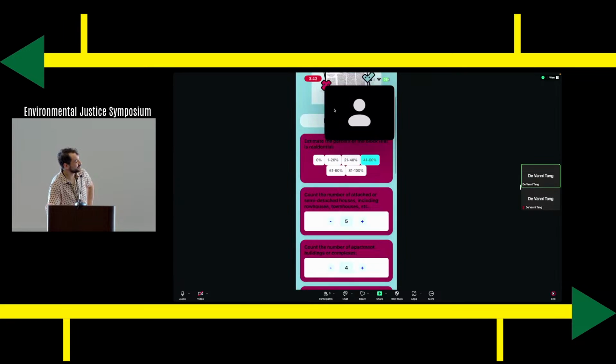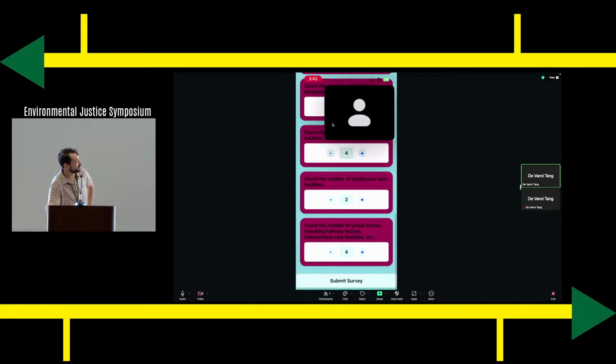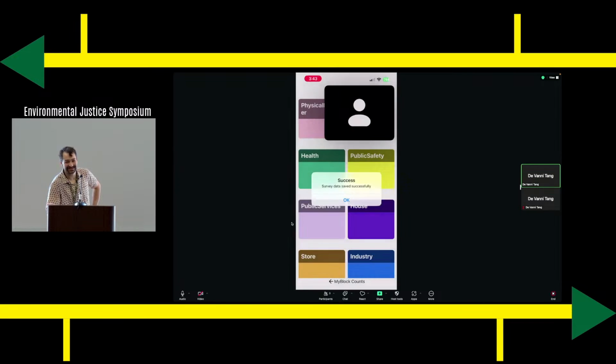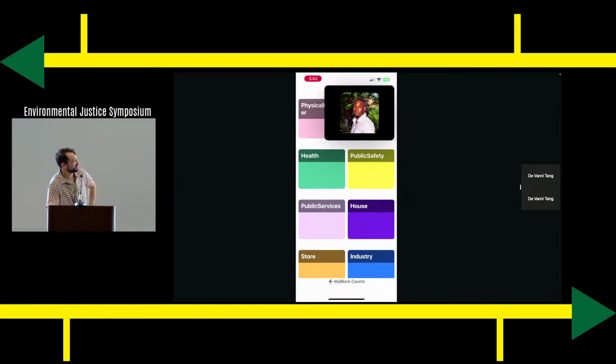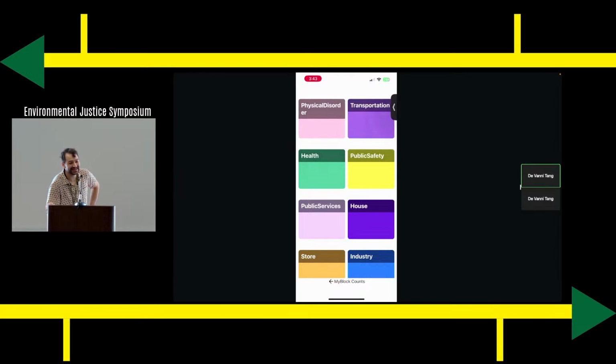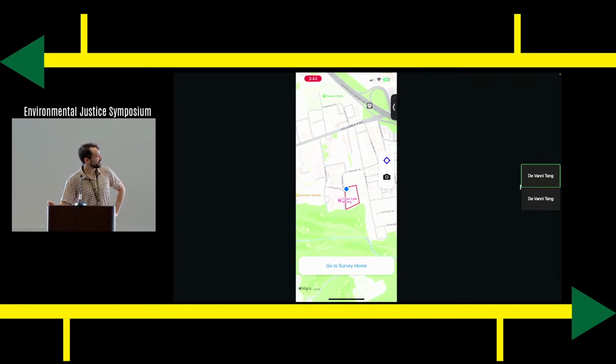Hey, Devani, are you able to move the Zoom icon off of your screen? Oh, sorry. There we go. I forgot. My bad, guys. Okay, here we go.